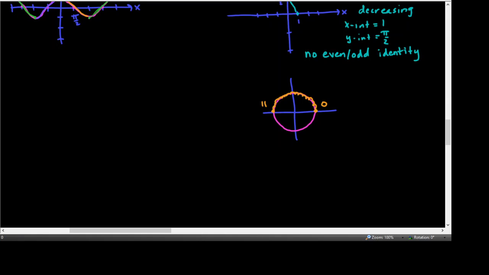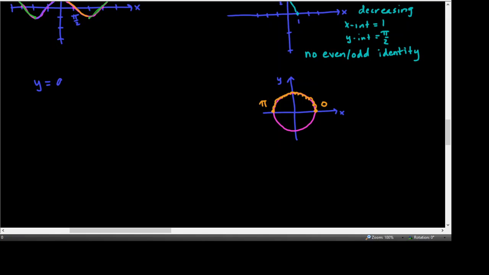Any answer for inverse cosine will be an angle between 0 and pi if there is indeed an answer for the question. Okay? And so I'm going to draw these little pictures like this to remind you of what is a valid answer for what's inverse cosine of something. Okay, so let's do our first example of that.